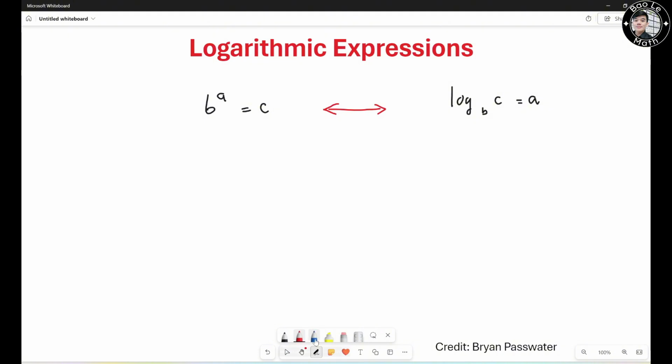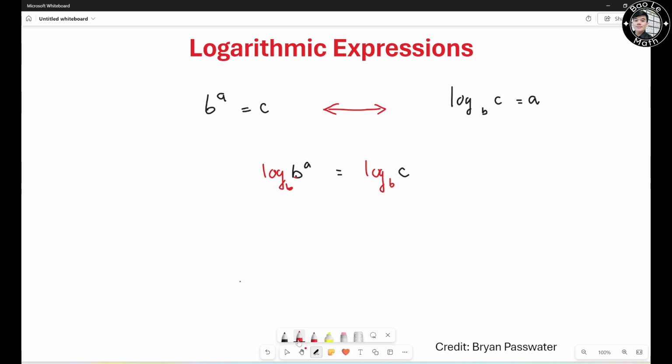Now first, we're going to convert from the exponential form to the logarithmic form. So we have b to the a equal to c. I look at this one right here, and I see that the base is b, right? So I'm going to take log base b of both sides.